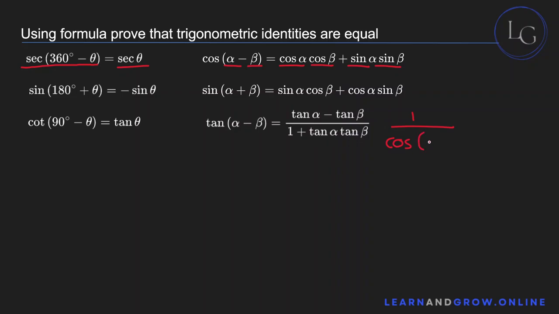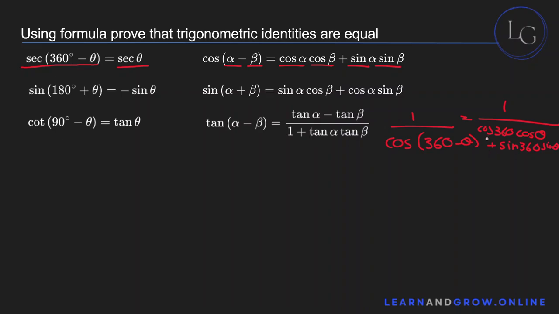That's fairly simple. So this entire thing becomes, let me write that down, 1 over cos(360 - theta), which is equal to 1 over cos alpha cos beta plus sine alpha sine beta, and alpha is 360, so cos 360 cos theta plus sine 360 sine theta.